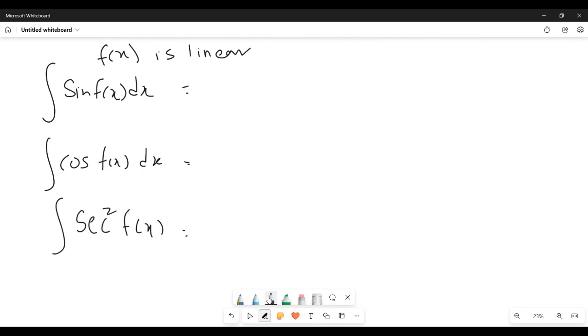So the integration of sin fx would be minus cos fx, and the denominator will have f prime x, plus c.